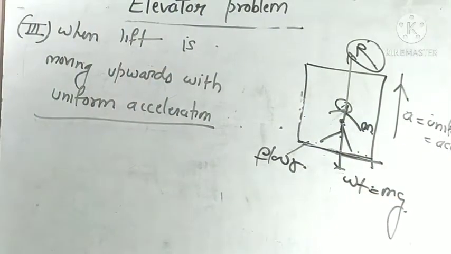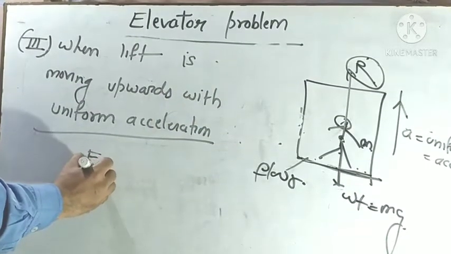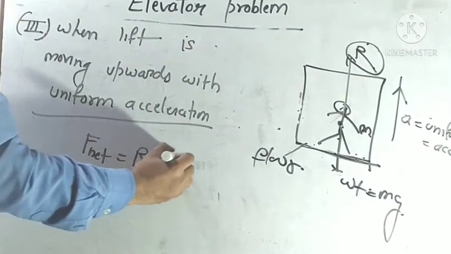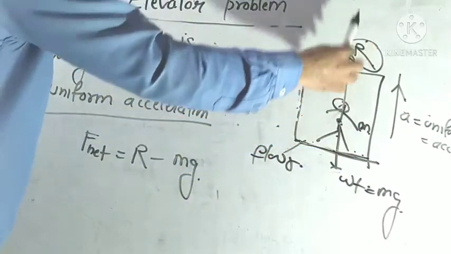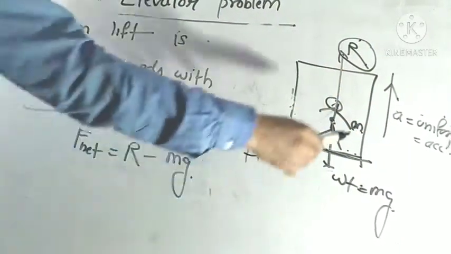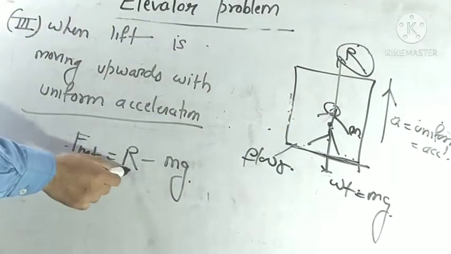In this case, the net force working on this man will be R minus mg. The lift moves in the upward direction with uniform acceleration a, so F net is equal to R minus mg.